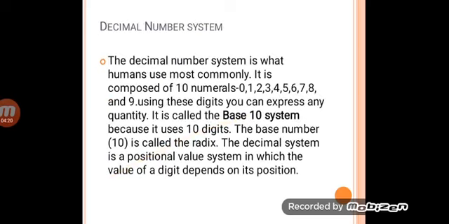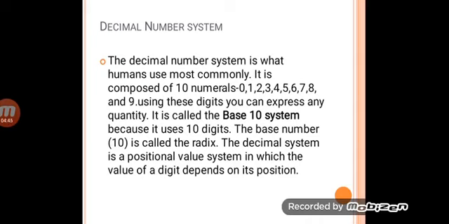Start with the decimal number system. The decimal number system is what humans most commonly use. It is composed of 10 numerals: 0, 1, 2, 3, 4, 5, 6, 7, 8 and 9.